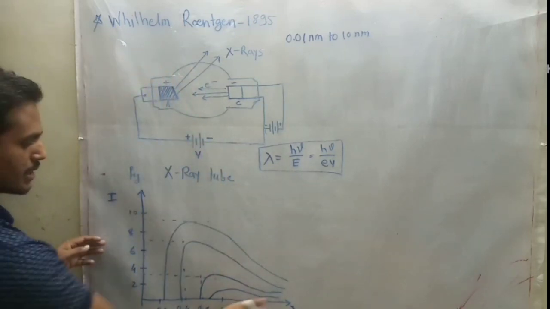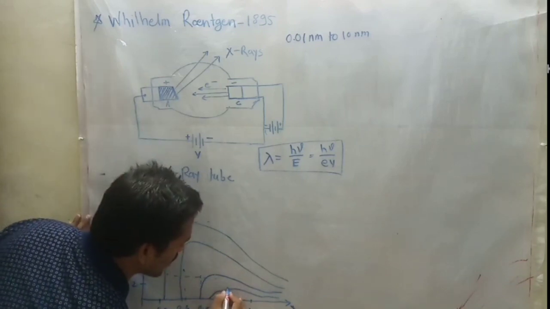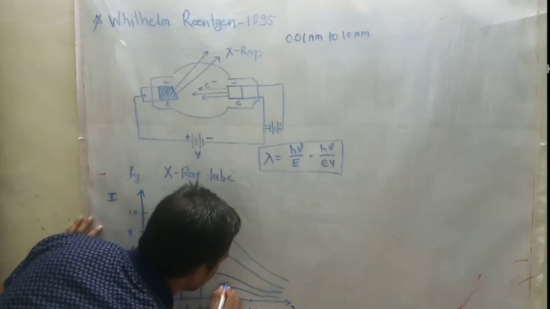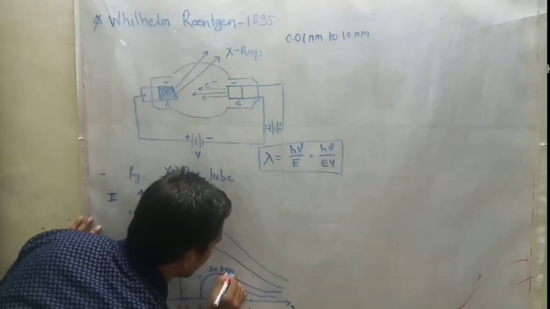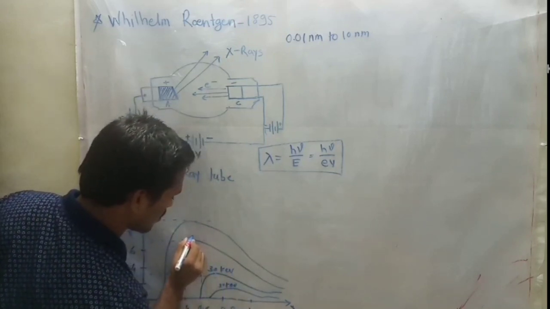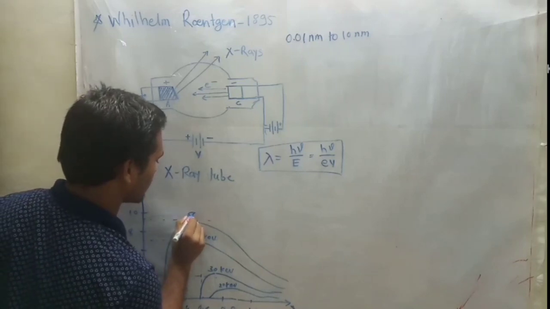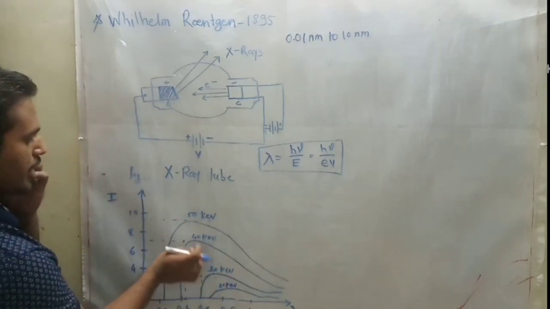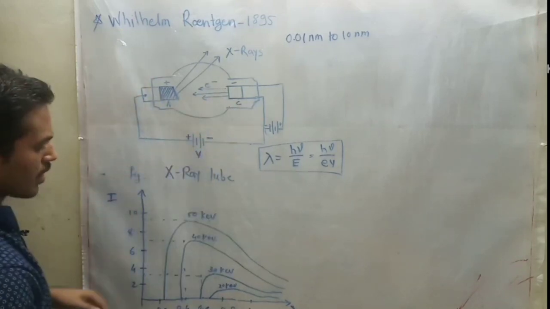Now in the intensity versus wavelength plot, we observe that this curve is for 20 kilo electron volt potential, this for 30 kilo electron volt, 40 kilo electron volt, and 50. This is the applied potential for the X-ray tube.